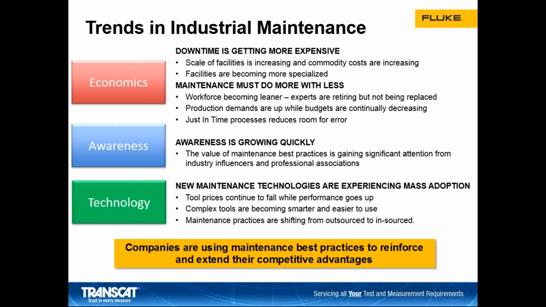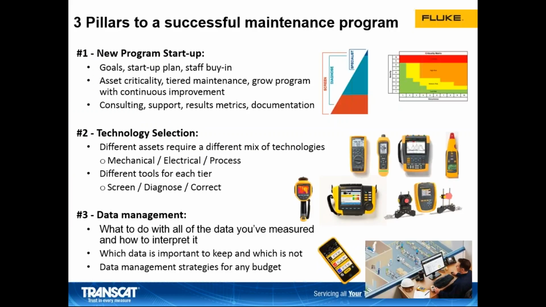And so more and more companies, not just the petrochemical companies or the power companies, but manufacturing and facilities and other companies are starting to say, hey, we need proactive maintenance to make our company more competitive. So how do we do that?